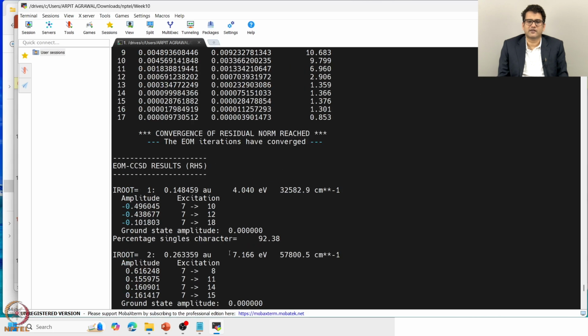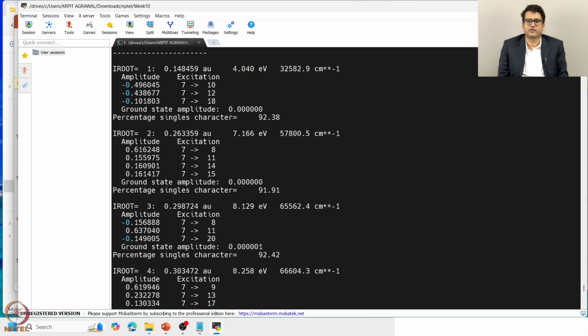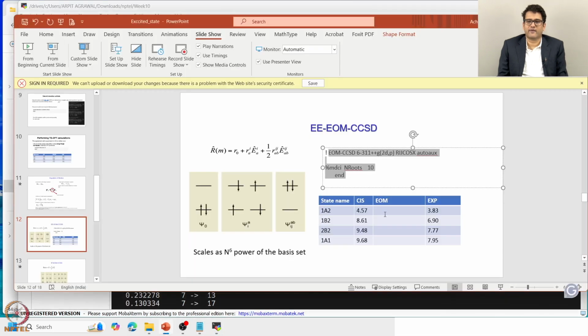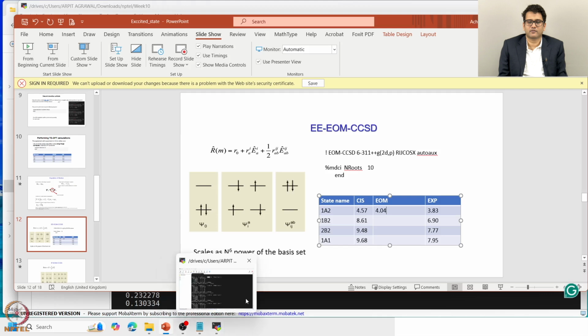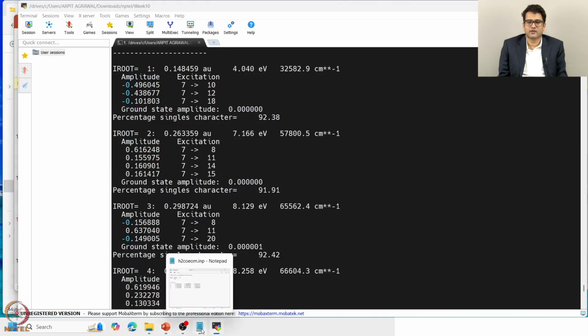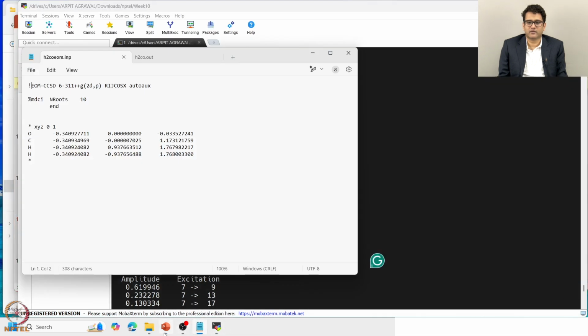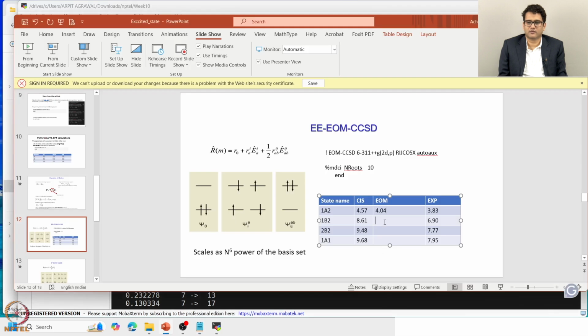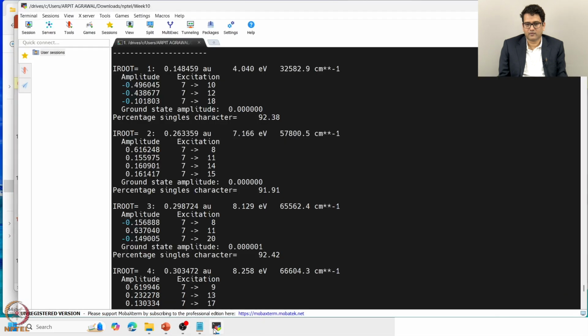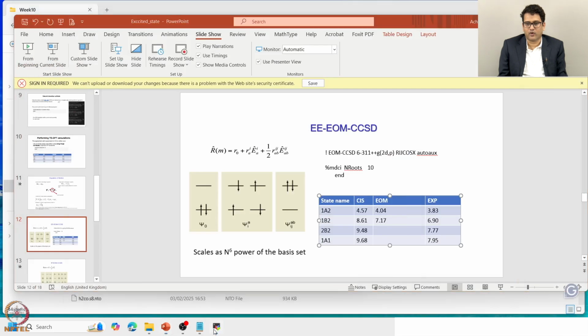If you see it, 7.10, 7.8, and percentage singles characteristic tells how much of it is dominated by single excitation. So, let me put the values there. From 4.57 in CIS it becomes 4.04, 7.17, 8.19.